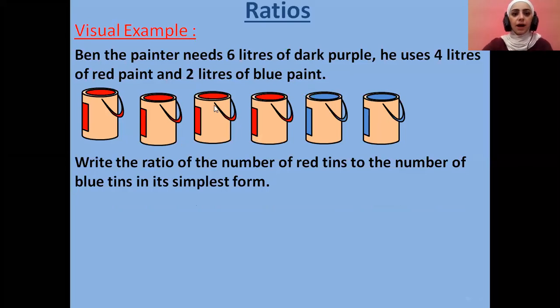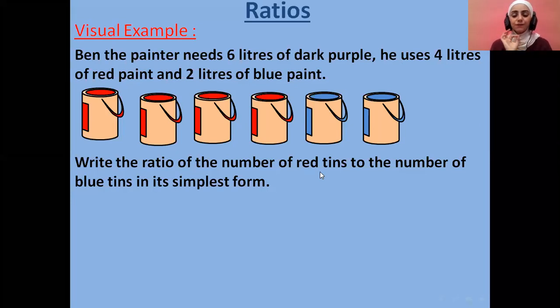Like here, we have red paints and blue paints. Ben, the painter, needs 6 liters of dark purple. He gets the dark purple by using 4 liters of red paint and 2 liters of blue paint. If we want to write the ratio of the number of red tins to the number of blue, we started talking about red.